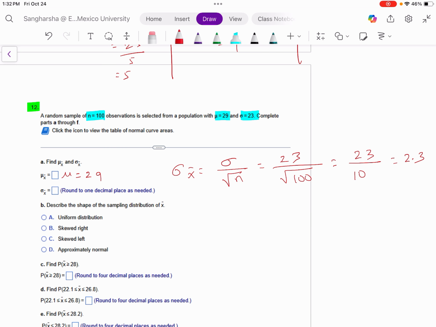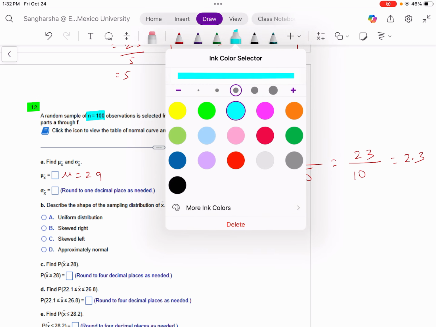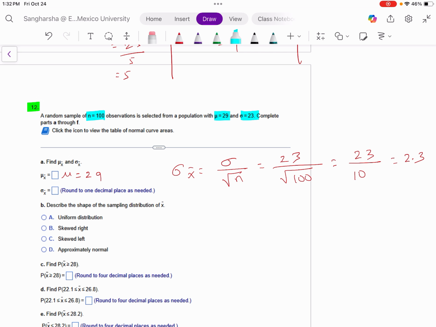Describe the shape of the sampling distribution of x bar. Our mu is 29. We use the central limit theorem here. Our n is sufficiently large, which is 100.